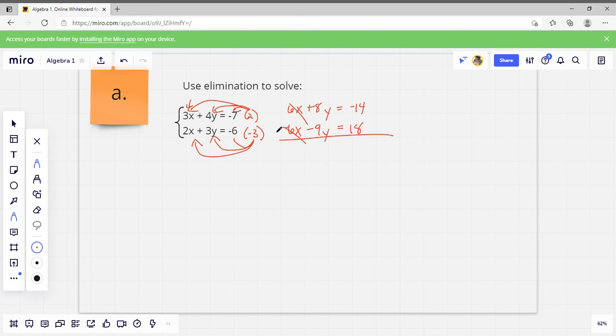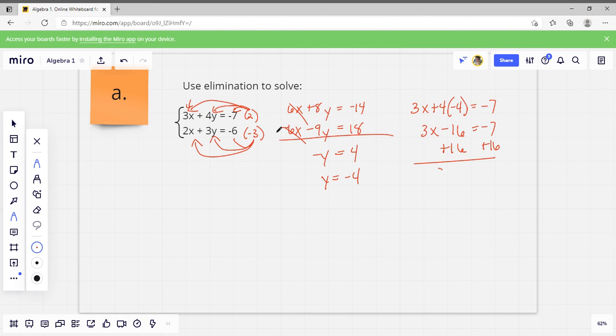These cancel. Here I'm going to have negative 1y equals 14 minus 18, which is negative 4. So y equals negative 4. And then I am going to plug in my y value. So 3x plus 4 times negative 4 equals negative 7. 3x minus 16 equals negative 7, plus 16.